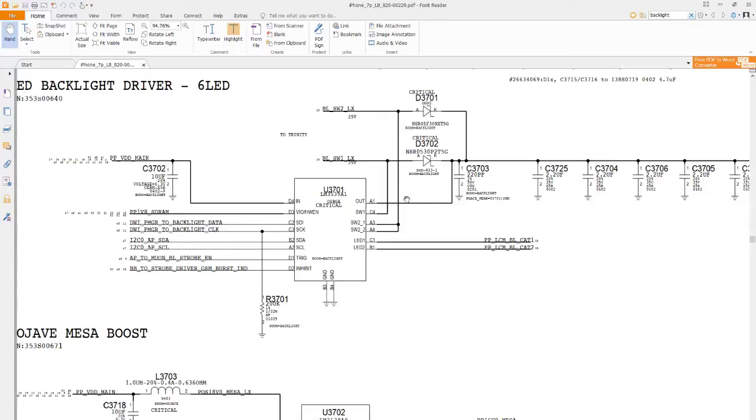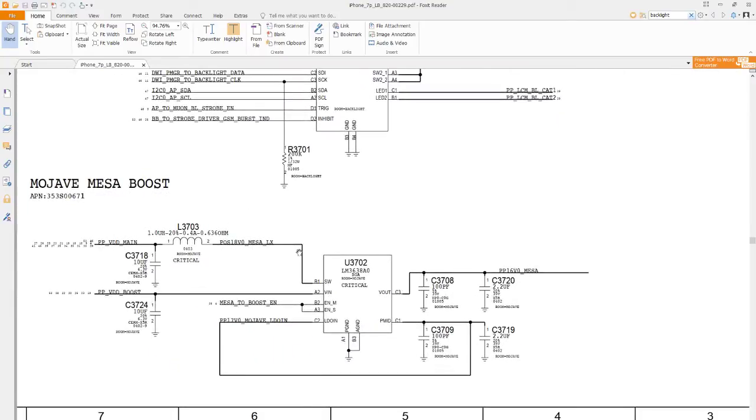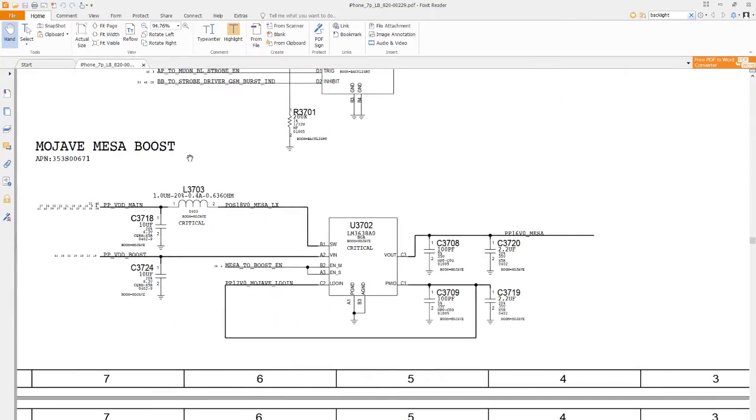Or you have a short on your output. Maybe one of these capacitors is shorted to ground. So as soon as you are getting voltage and enable, it's outputting, but it's shorting that power directly to ground, not allowing the power to reach the signal that it's supposed to be going to. So let's move on down here to the Mesa Boost.